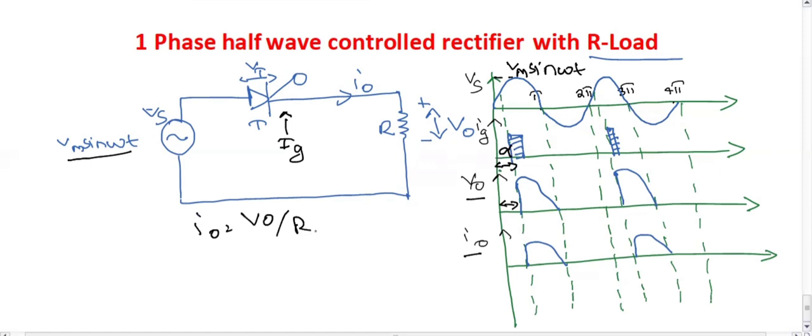If you are taking the value of resistance as 1 ohm, then output voltage as well as output current will be same. I think you got the point. Because of R load, the voltage and current are in phase, and there is no drop. We are considering ideal condition. We get the output voltage, and this is the firing angle alpha.